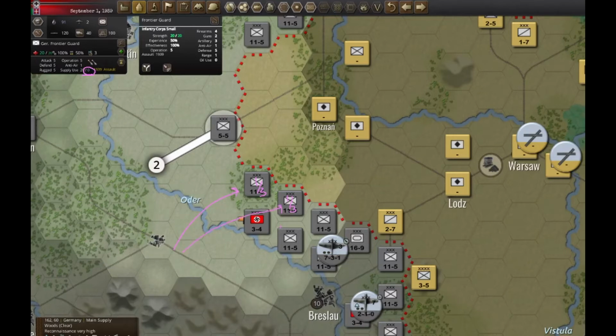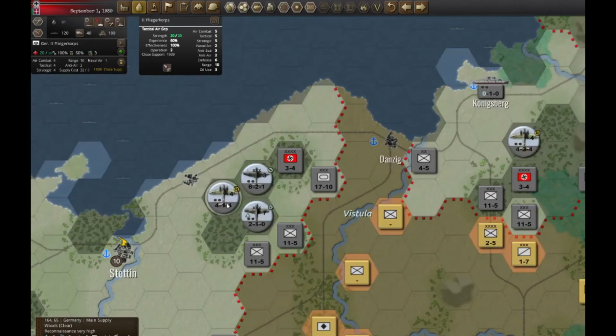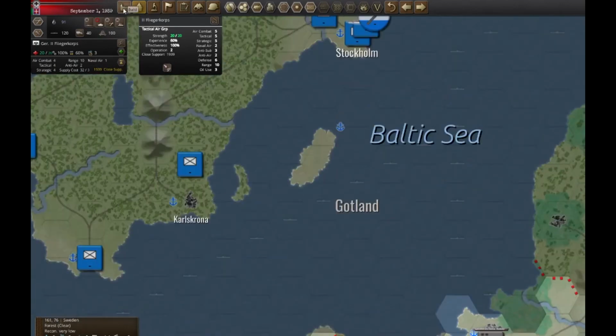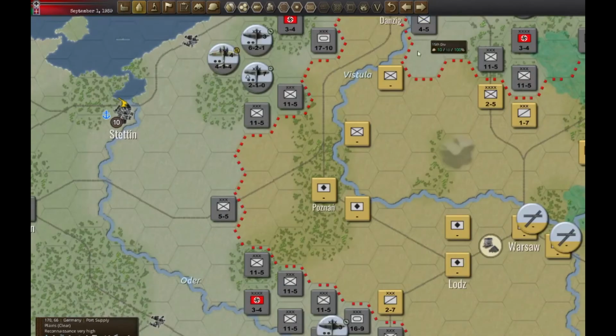That's totally different from what I'm going to be talking about at this point in time. So let's look at this from our point of view, starting off with an aircraft here. So going back to Germany, I have 91 oil in the stockpile. That's the number I want you to take a look at here.